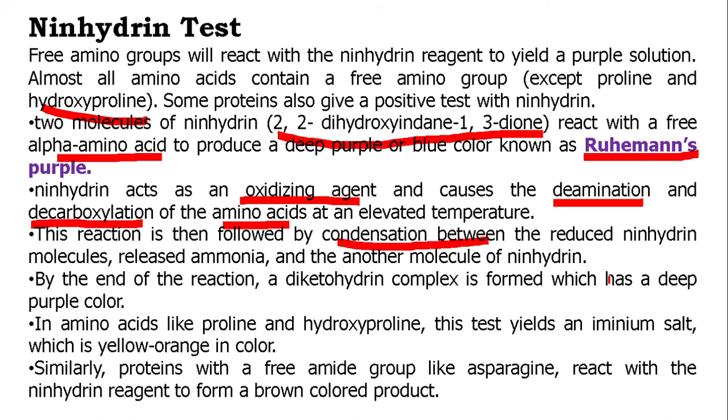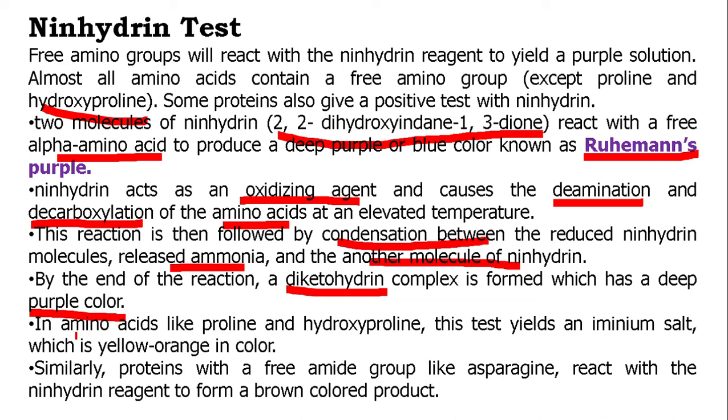So the molecule is releasing ammonia. There is a condensation between the reduced ninhydrin and the released ammonia and another molecule of ninhydrin. And by the end of the reaction, we get a diketohydrin complex. And it has a deep purple color.